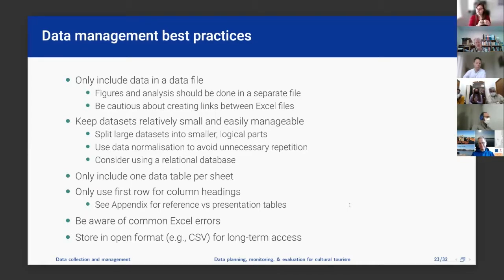This is for reference tables. This is for your data files. If you're putting together presentation files for dissemination, that's totally different. But the one data table per sheet and the first row only for column headings, that's to make it a lot easier to import into a wide variety of statistical management tools and software.